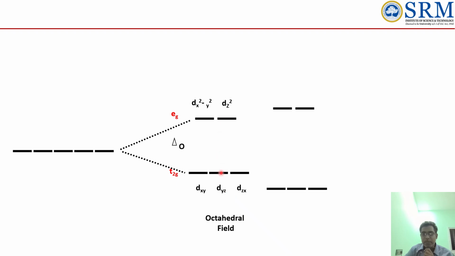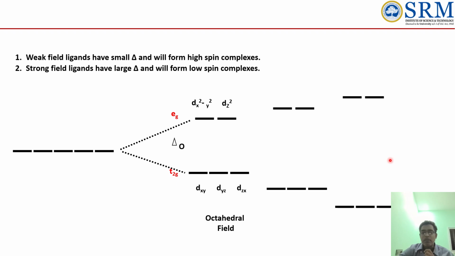As you can see, the gap between the T2G and EG orbitals is smaller, so the splitting is small. As we go to higher and higher d orbital splitting, the gap between T2G and EG widens. But remember, the barycenter, the center of energy, is preserved: however much it stabilizes on one side, that much it destabilizes on the other. So these are the d orbital splittings in different environments.